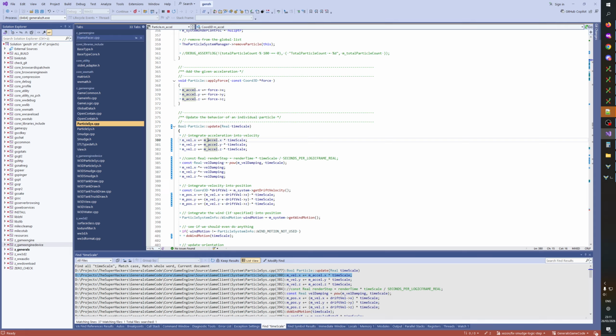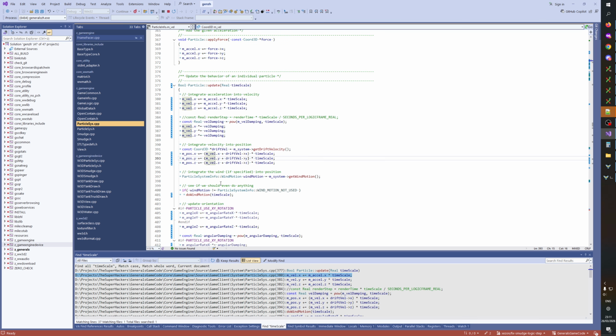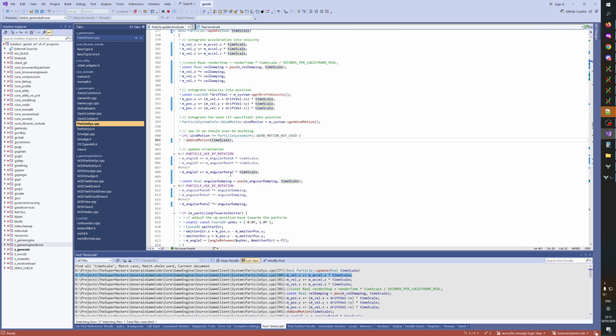So we do scale the acceleration, we scale the damping, we scale this thing here, in motion, the angular rate.